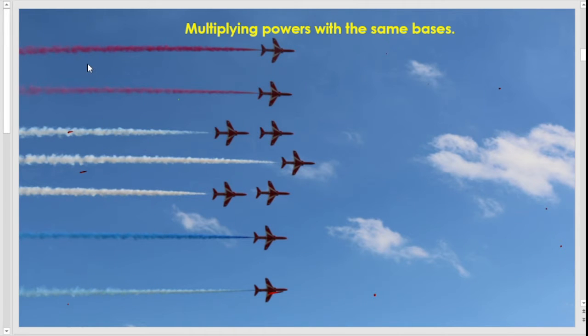Now we will understand with one more example, like -3 to the power 4 into -3 to the power 3.